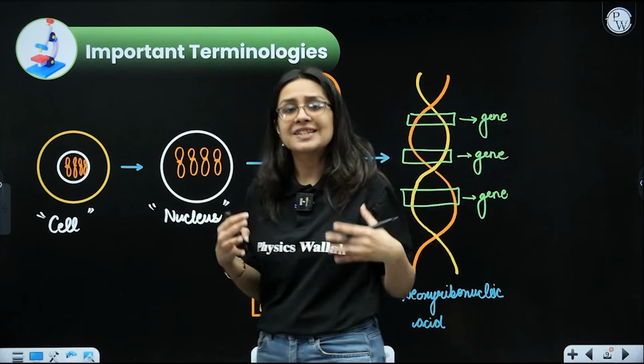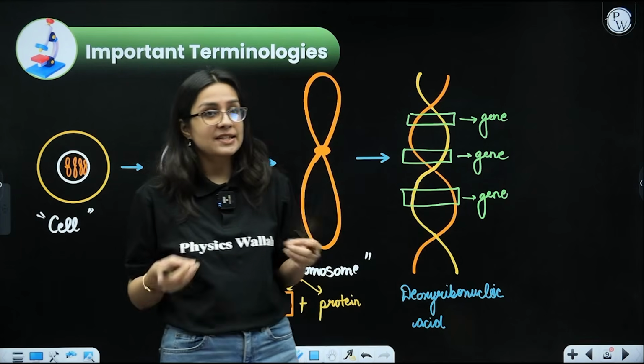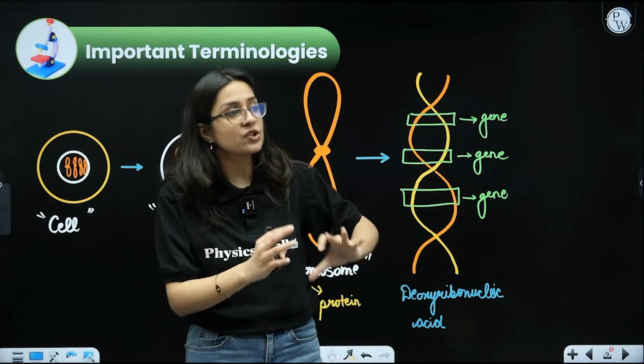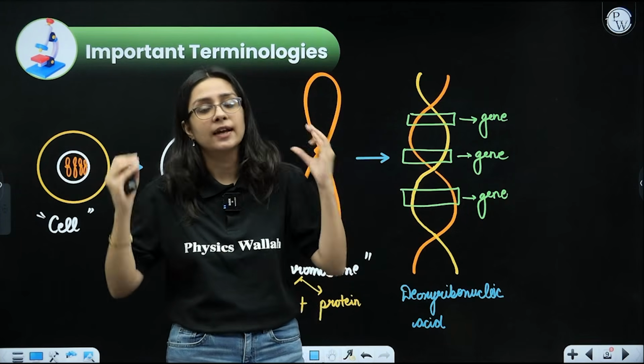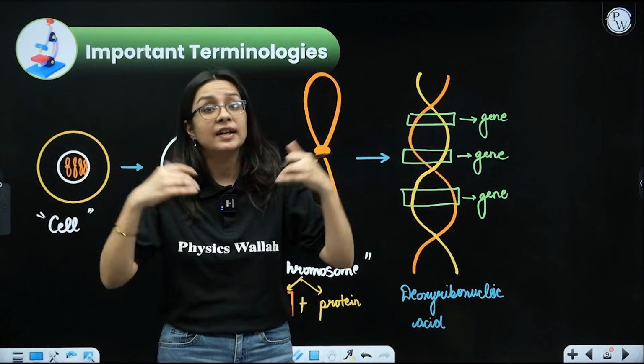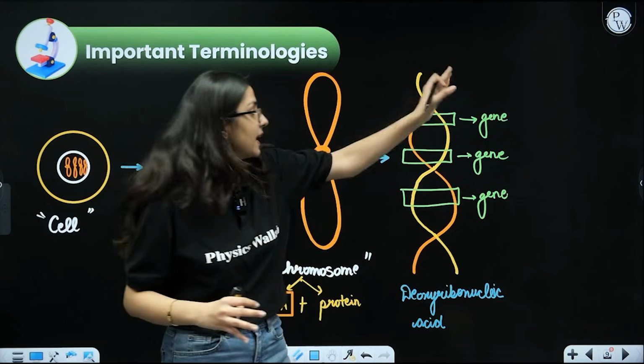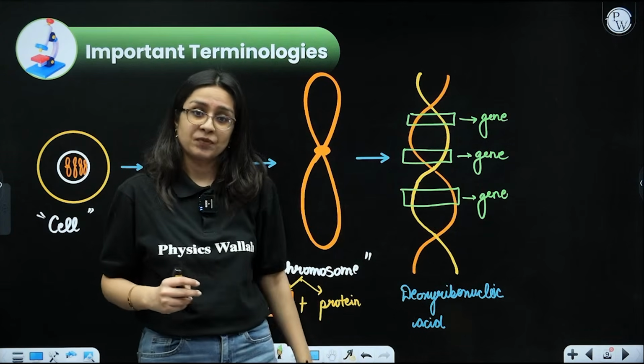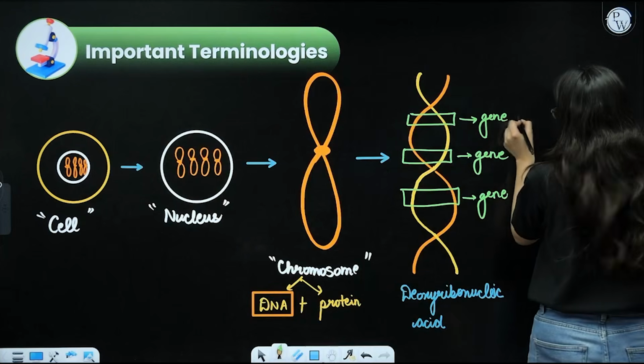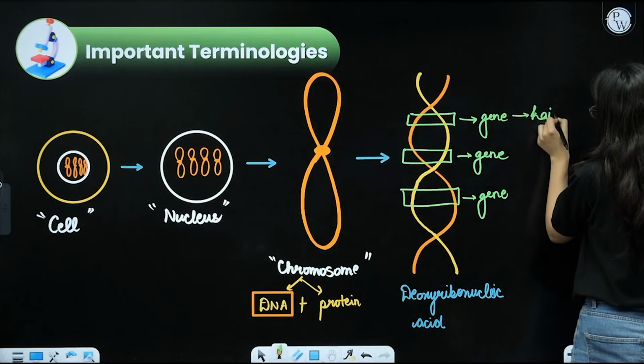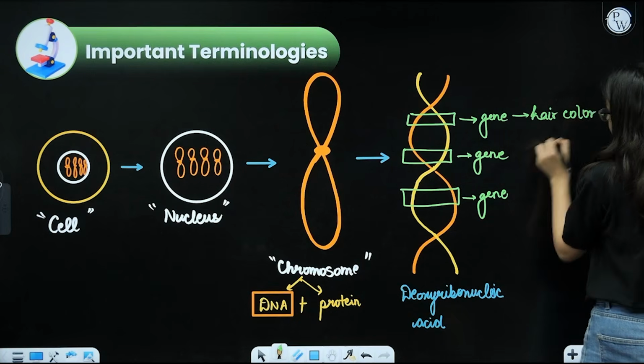Now ma'am, what are these genes supposed to do? These are not the jeans that you wear. These are the genes that control every single thing, whether it is a physical thing or an internal thing going on in your body. Everything is controlled by genes. For example, this gene could be of your hair color. Some gene could be of your eye color.